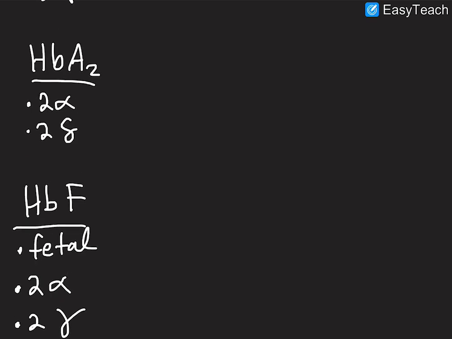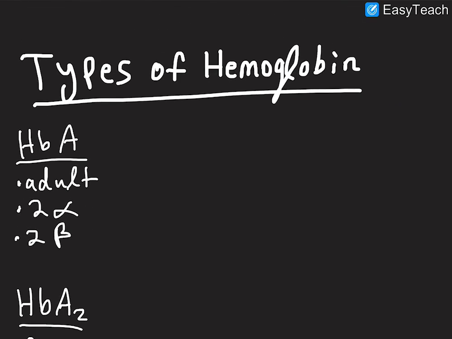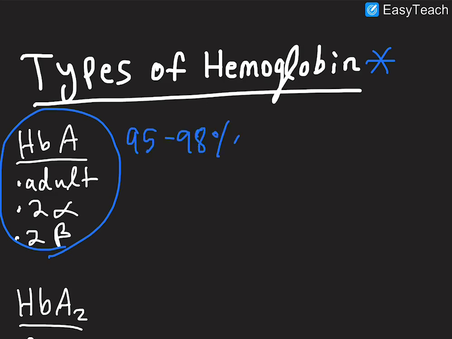The first type, the main type, is adult hemoglobin, written as hemoglobin A. This makes up 95 to 98% of our hemoglobin, since adult hemoglobin is made up of two alpha globin chains and two beta globin chains. So that's adult hemoglobin.